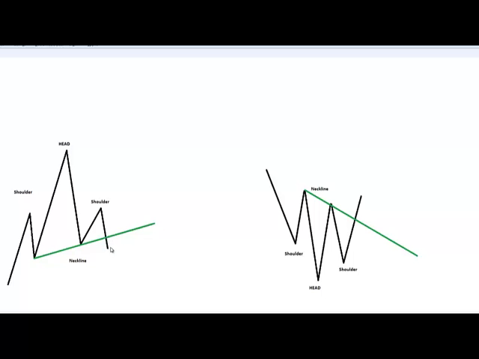You break it through, and you wait for the price to touch the neckline again. And as soon as it touches the neckline, or it's very close, then you go, in this case, short. That means you have a smaller stop loss.